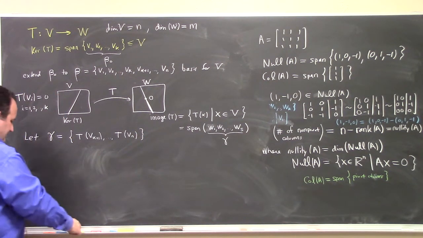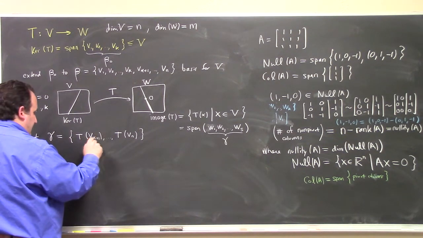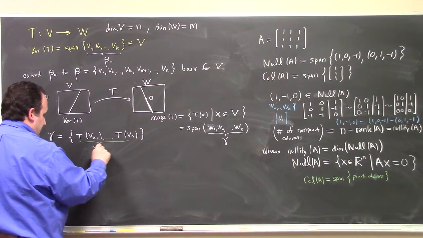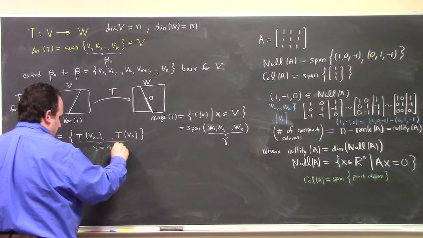How many things is that? N minus k things. So s is equal to n minus k, exactly.